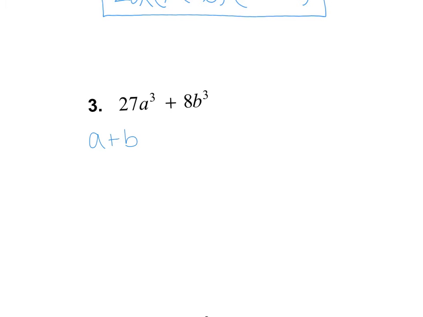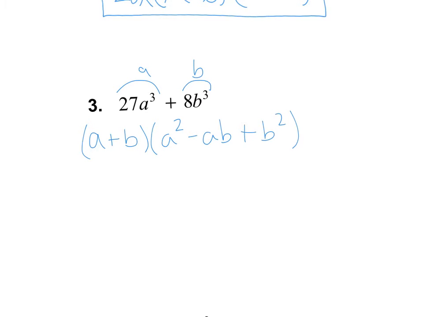a plus b, a squared minus ab plus b squared. And all you're going to do, and this acts as your a, and this is your b. So a and b, so a not to the third, it's just one of the a's.